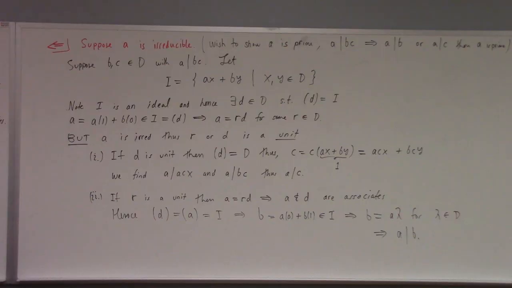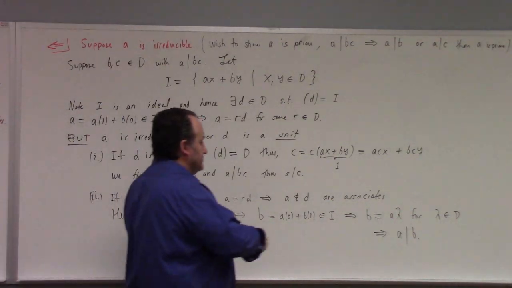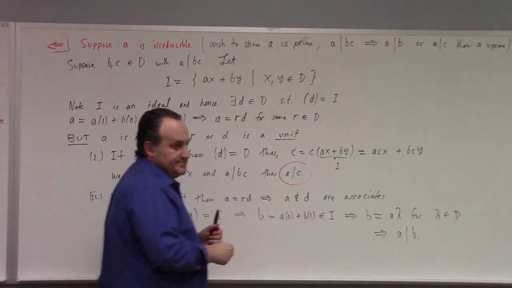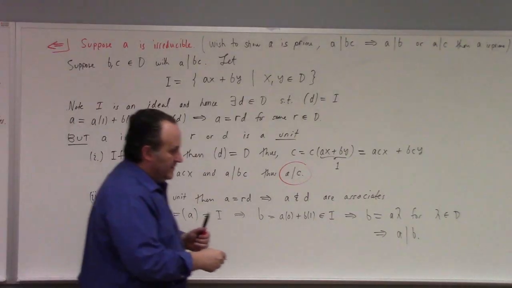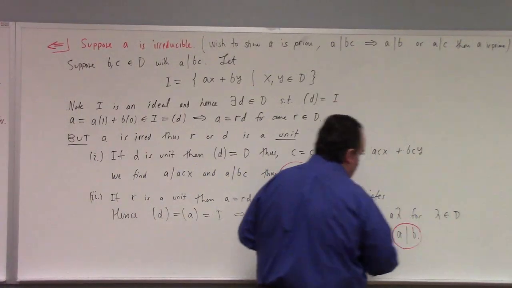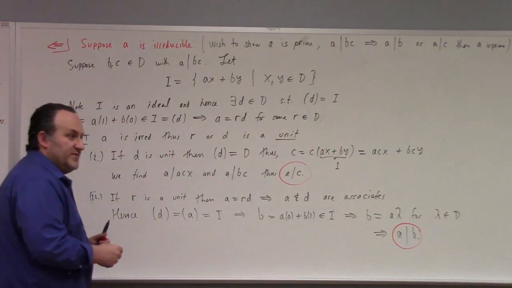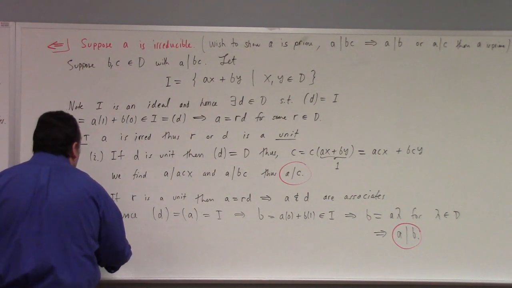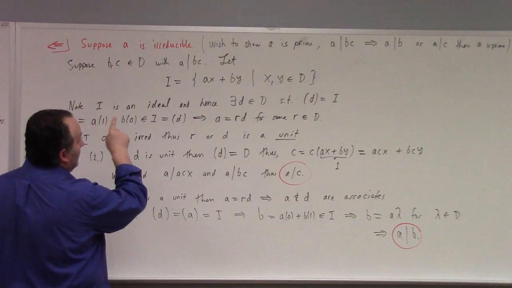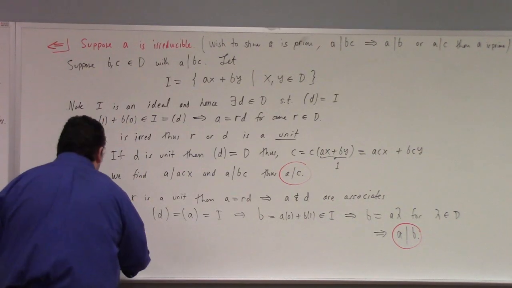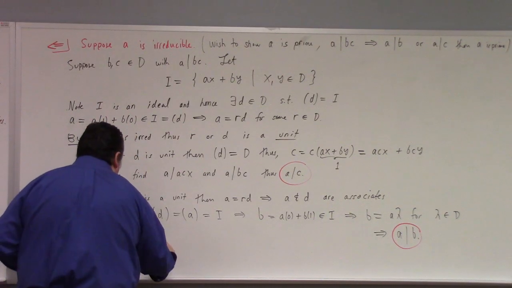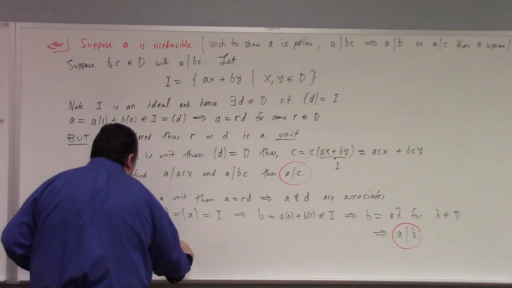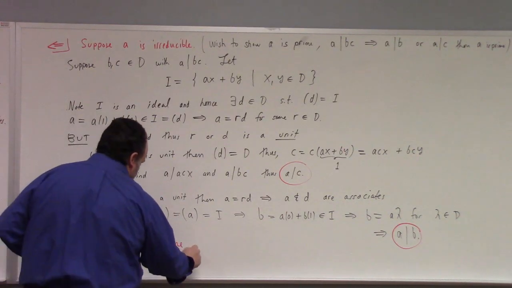See what's happened in case 1? We have A divides C. In case 2, we have A divides B. So, thus, A is prime. And there you have it.